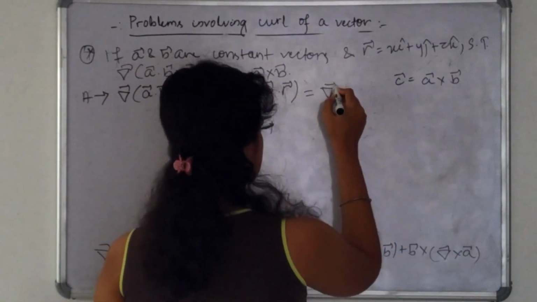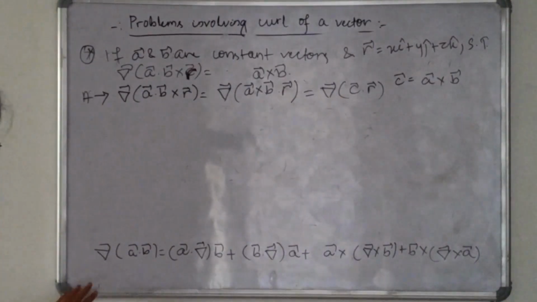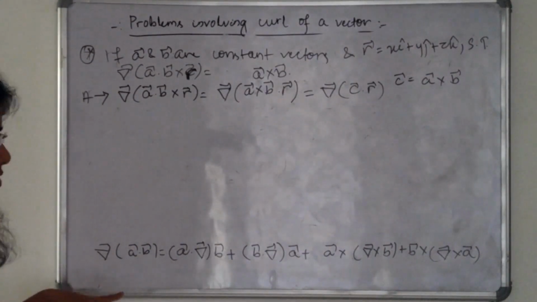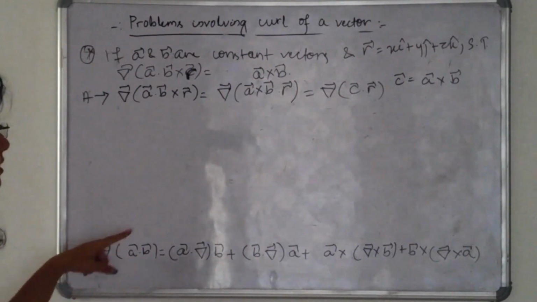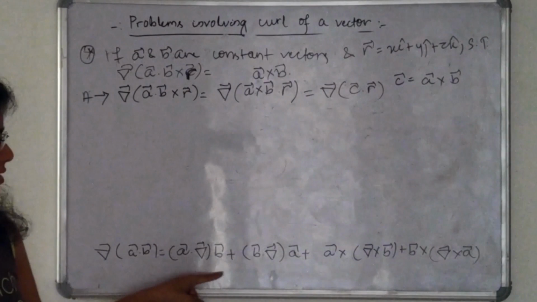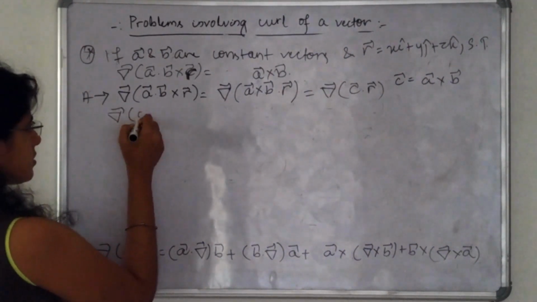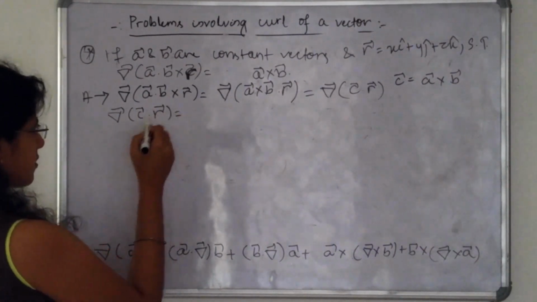So this is equal to C vector dot R vector. From the previous question we have derived that del of C dot R vector, that is del of A dot B vector, is equal to this much. So here we just put this formula.